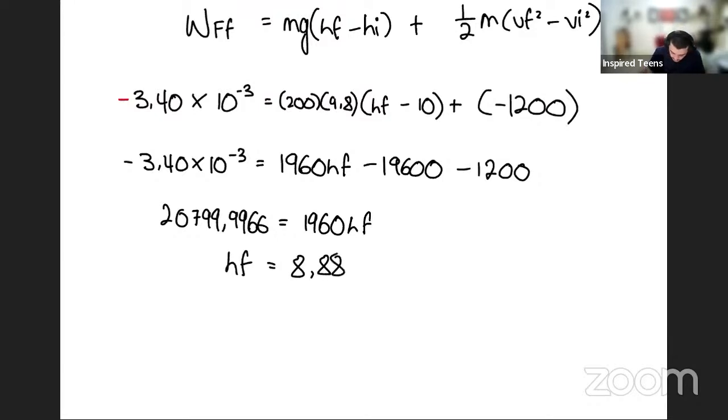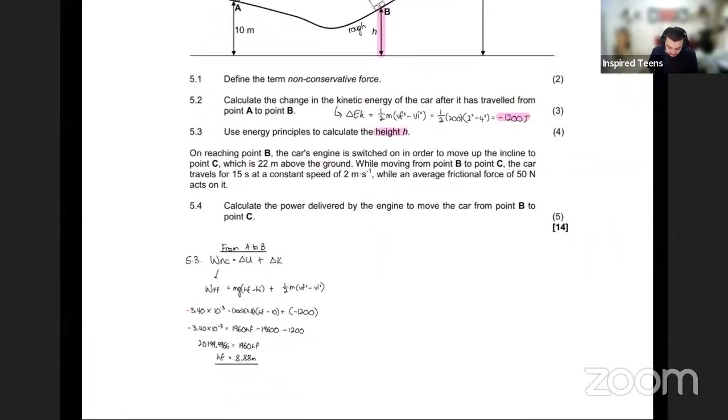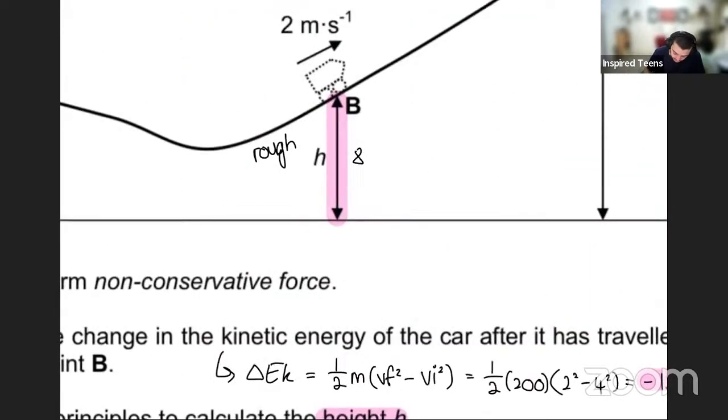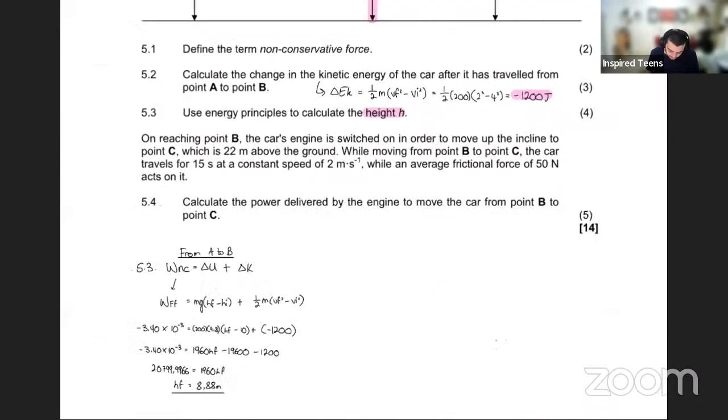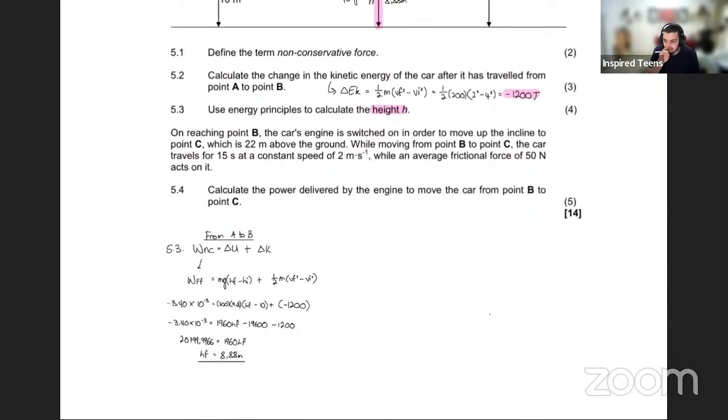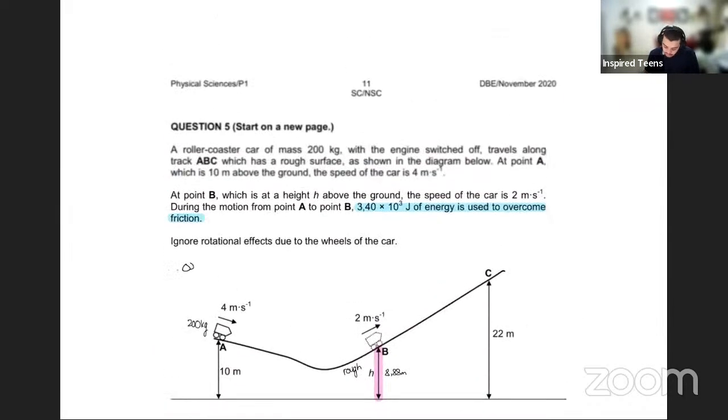If you do this calculation and this is incorrect, please let me know. The steps should be correct. I'm not sure exactly what the final answer is, but it should be correct. If you do it and you're getting a different answer, please let me know. So we've calculated this height now as 8.88 meters. That's how we do it. We're working from A to B. Information that we have from A to B is the power 3 or negative 3. That's a good question.